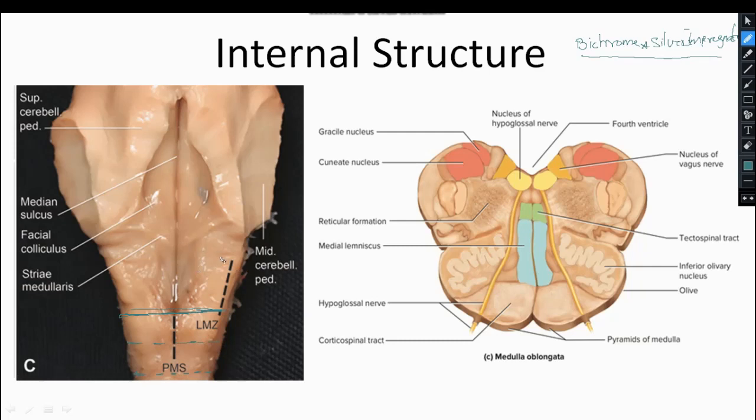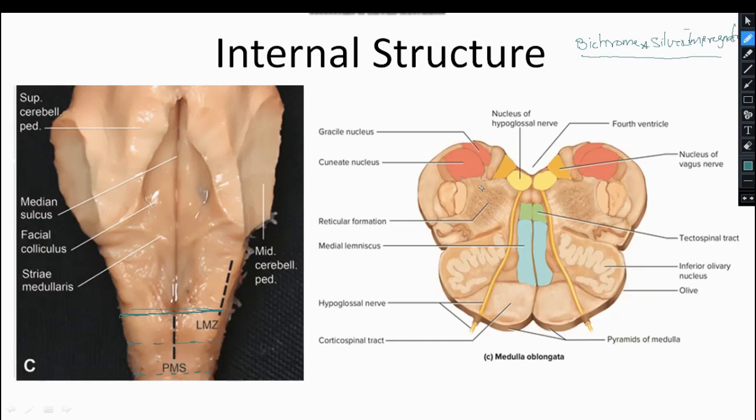In the open part we study at the level of olive. So in this closed part we study at these two levels, and in the open part at the level of olive. In some books, the section studied at the level above the olive, near the pontomedullary junction, has also been given.